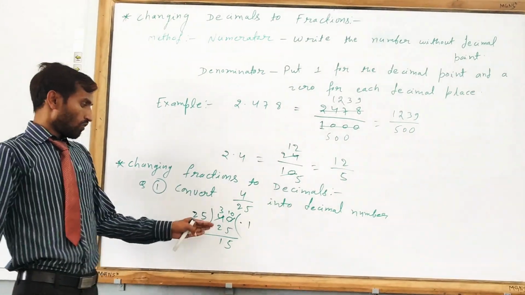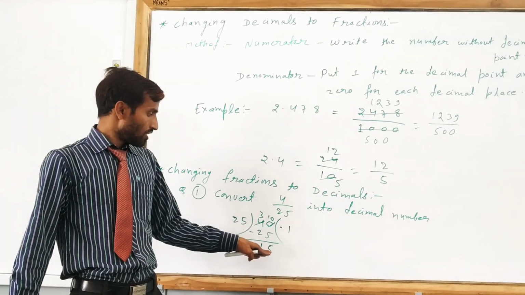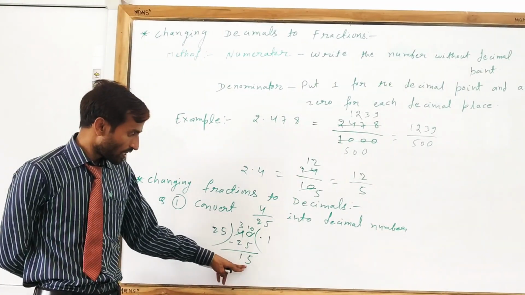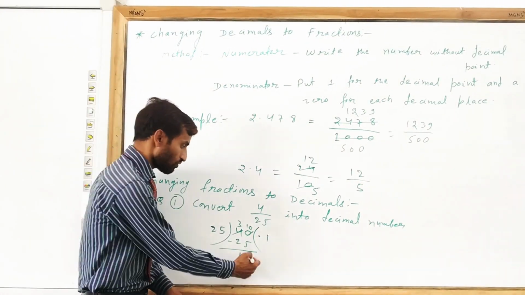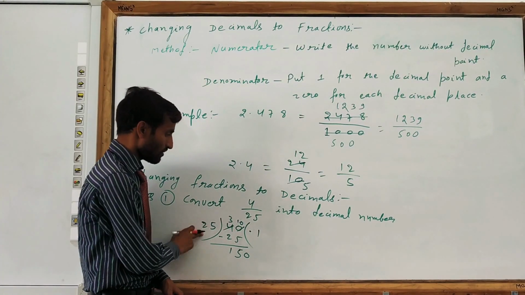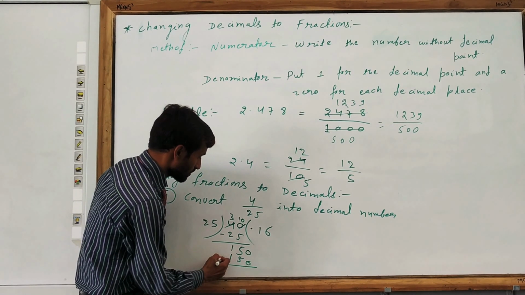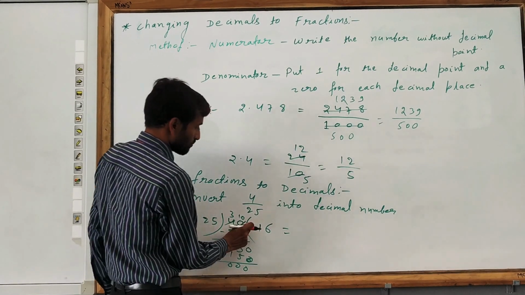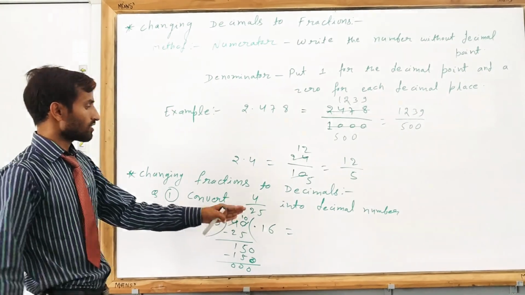Again we divide. The remainder is 15, so we put one more 0 to make 150. 25 times 6 is 150, so the remainder is 0. The final answer: before the decimal, if there is no integer, put 0.